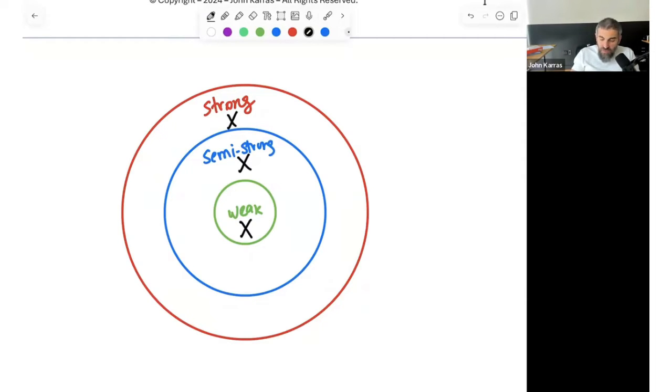Think of these as levels or grades, like grade 1, grade 2, grade 3. If you can't pass grade 1, then you absolutely cannot pass grade 2 and you absolutely cannot pass grade 3. When you fail the first level, you automatically fail all the other levels.